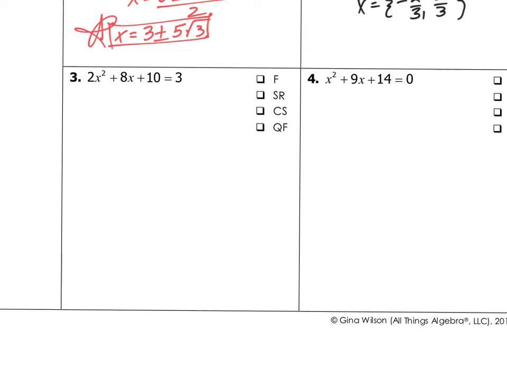Okay, moving on. Let's not waste any time here. Number 3, subtract 3 from both sides. 2x squared plus 8x plus 7 equals 0. And as I look at these, I think this is going to be factoring.